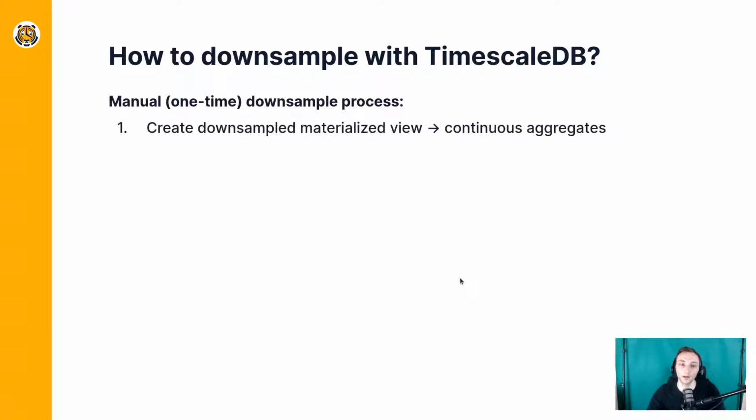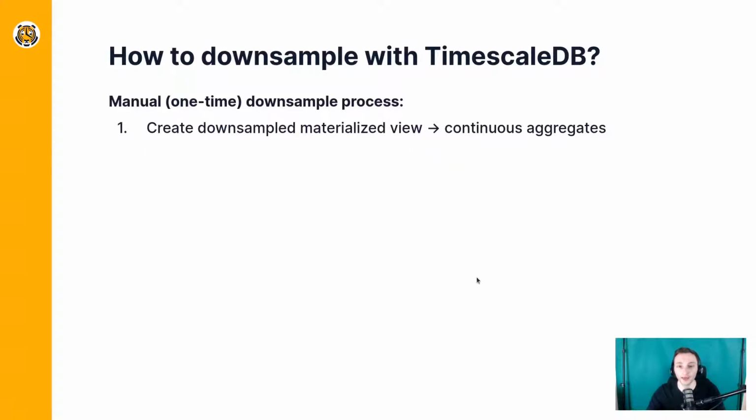First, you need to create a downsampled materialized view. In TimescaleDB, the most efficient way to do this is by using continuous aggregates, which is basically a materialized view for time series data. It's one of the flagship features of TimescaleDB. We have a lot of content on our YouTube channel about continuous aggregates if you want to learn more.